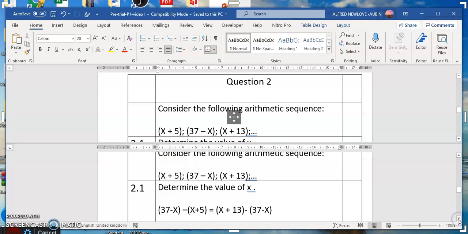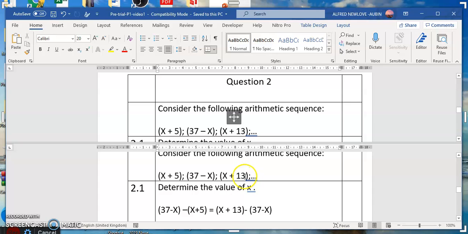Okay, let's see. The first thing we need to do, we know it's a normal pattern. The first difference must be the same. There should be a common difference. And what you are supposed to do is this minus that one should be equal to this one minus that one. So this is the first term, second term, third term. So the third term minus the second term should be equal to the second term minus the first term.